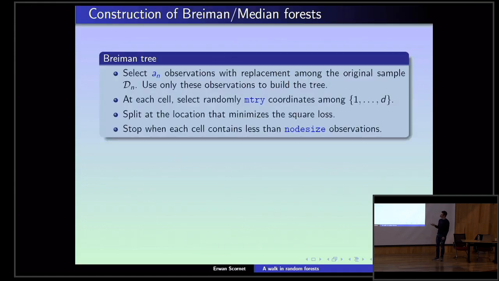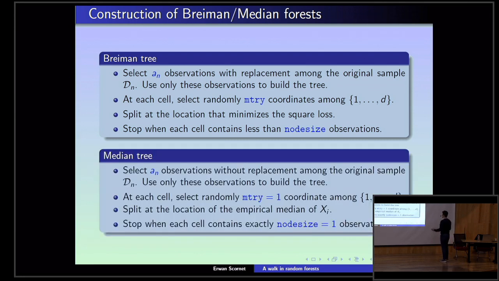So for median forest now, let's look at the construction of a tree. This is just the construction of the Breiman tree, the original algorithm. And then I will modify this construction in the following way. Again, to build a tree, I select an observations without replacement. This is almost the same thing, but here it's without replacement, whereas before it's with replacement.